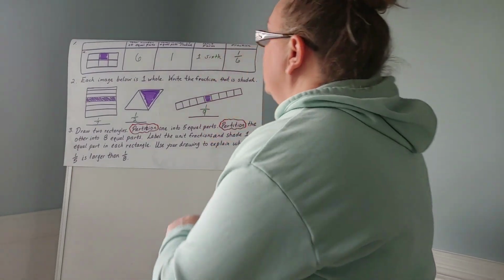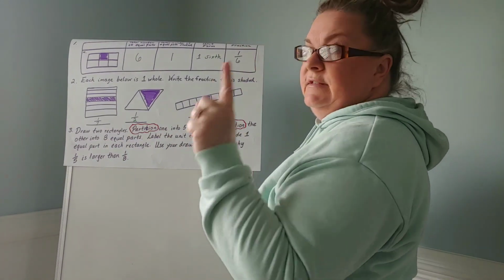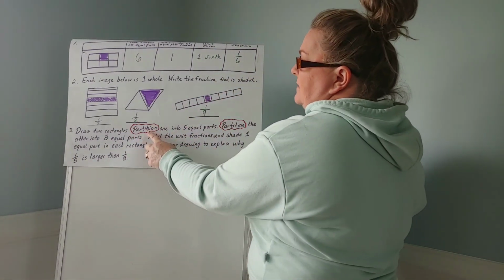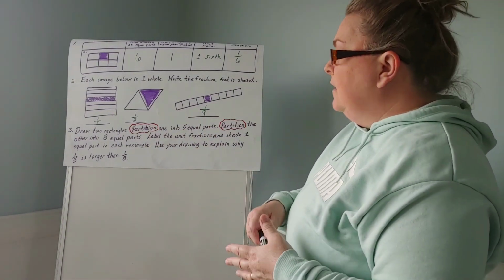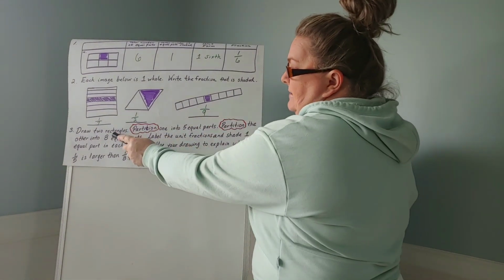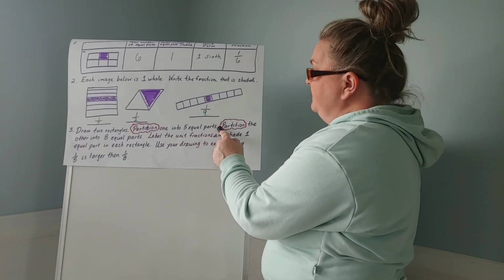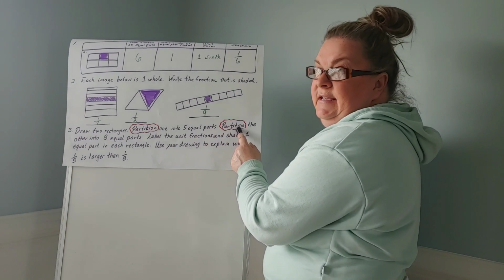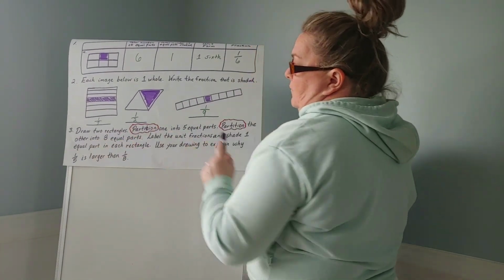Number 3 says, draw 2 rectangles. Okay, so that's direction 1. Partition, there's that word again. Partition means to break apart or cut these rectangles, and I'm going to do one of them into 5 equal parts. Then there's partition again, break apart or cut the other into 8 equal parts.